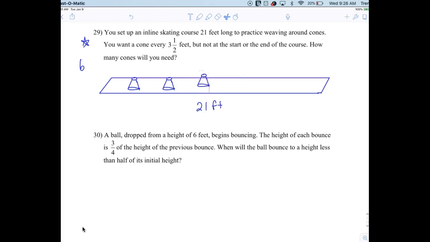And then this would be 10.5, right? And then this would be 14. Is that good? And then this would be 17.5. And then this right here would be 21. Do I want one there? No, I don't.